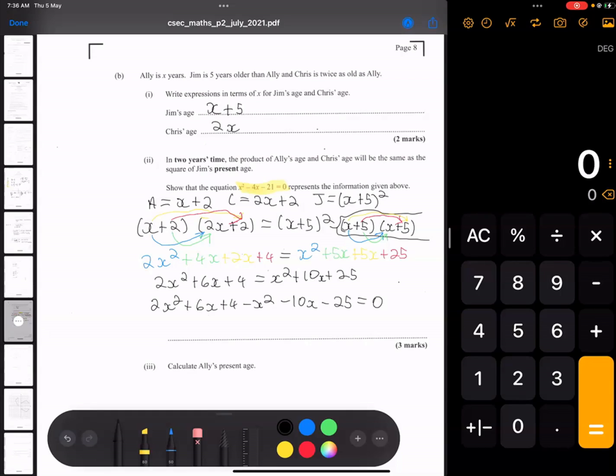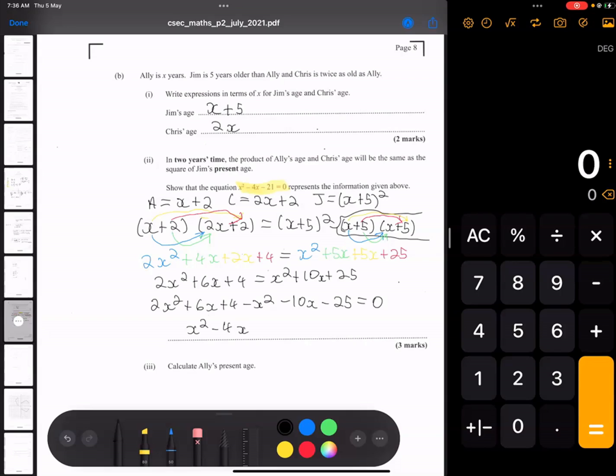Alright, so we simply take away like terms. So 2x squared take away x squared would remain with just 1x squared. Then 6x take away 10x will give us negative 4x.